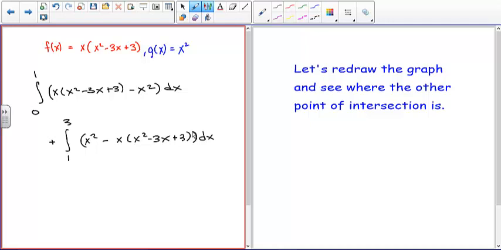I need like timed handcuffs or something, so it'll stop me from doing things early.